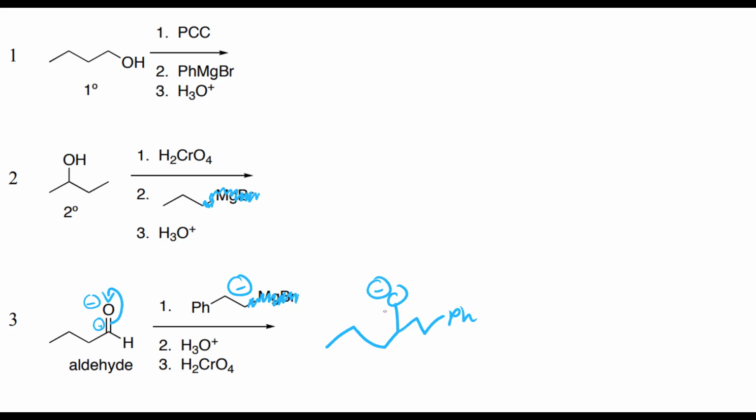So now we're going to do an acid workup. So this alkoxide gets removed and is replaced with an alcohol. So the H just connected with the O negative. Now, after that, we're treating this alcohol with chromic acid. So let's see what we should be expecting. Our alcohol is attached to this carbon, and that carbon is attached to 1, 2.